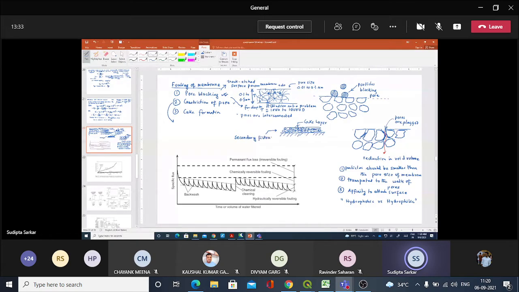Because if the cake is formed, then obviously it will add to your porous nature, or will block all the other particles that would directly pass through. So it actually adds to filtration, but at the same time it is not good for our filtration membranes, because they get choked.